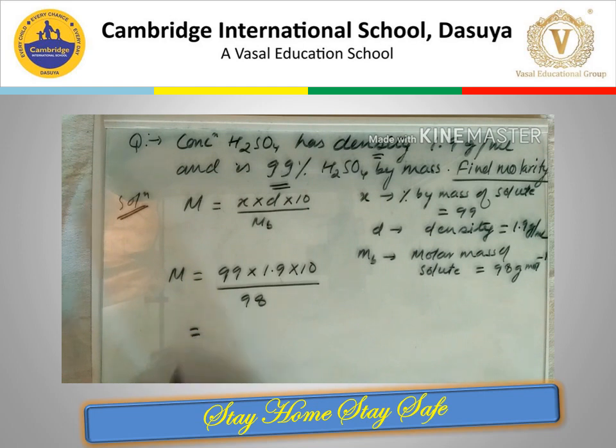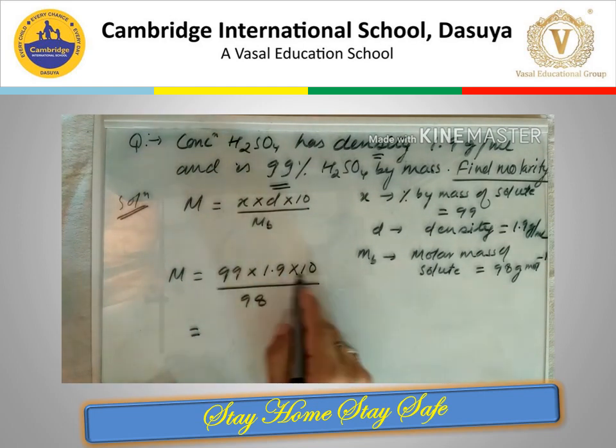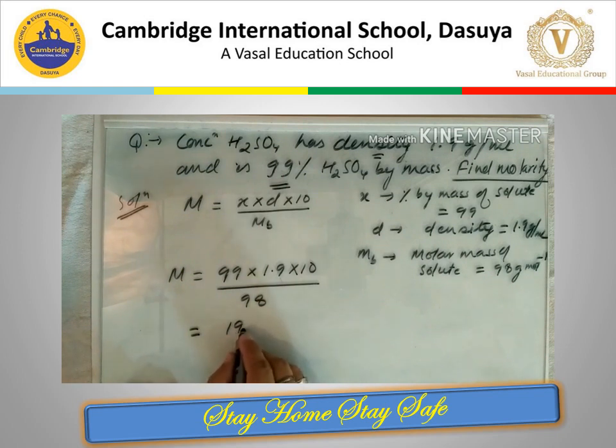When we solve this, we get the answer as 19.19 molar.